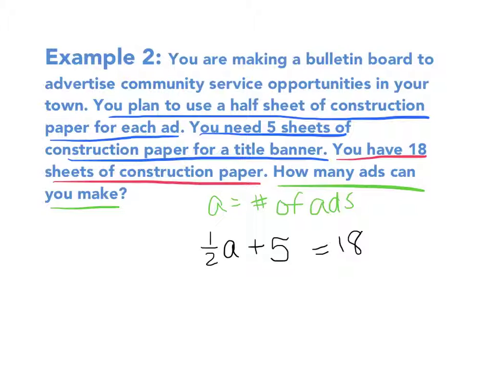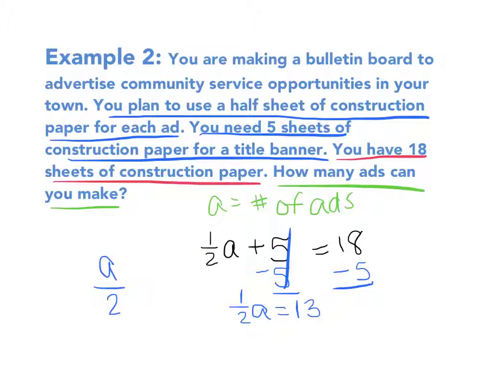And we can solve. So I'm just going to take away 5 from each side, move my constant. I have 1/2 a equals 13. And now I have 1/2 of a. That's also saying like a over 2, a division problem.